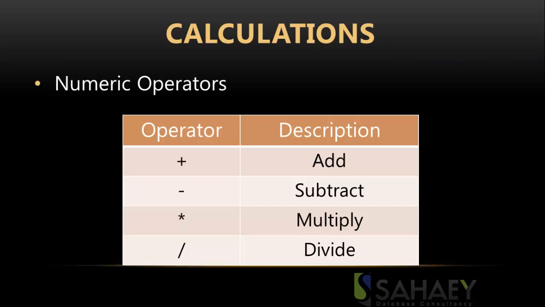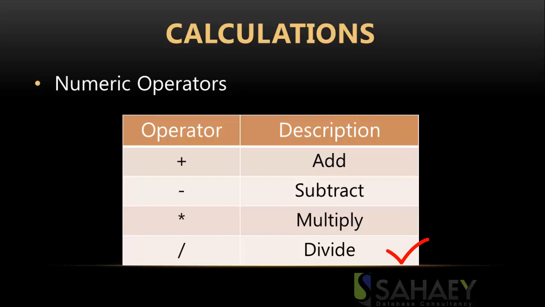Oracle provides you the ability to perform calculations with the retrieved data as part of the select statement. Since select is a read-only operation, the calculation modifies the data for display purposes only. Actual data in the table is not affected. For numeric calculations, 4 operators are provided: add, subtract, multiply, and divide.